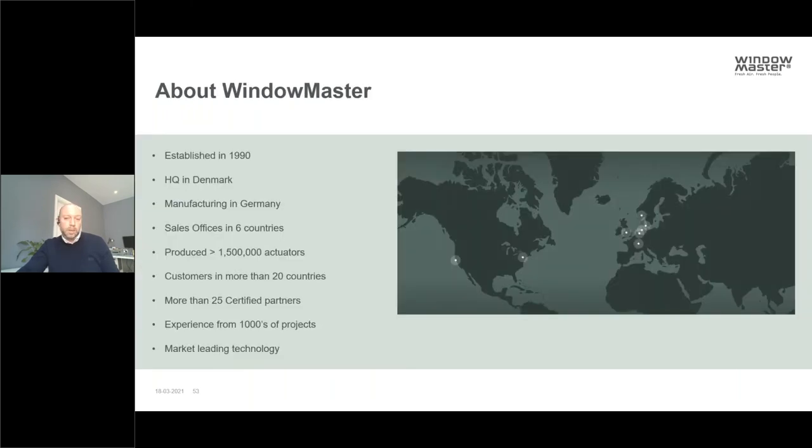And for those of you that haven't worked with WindowMaster in the past, we're a very well established group since 1990. Our headquarters are in Denmark, and our manufacturing in Germany, and we take real pride in really high quality, really robust products and solutions. We've got sales offices in 6 countries, now with 2 in the US.